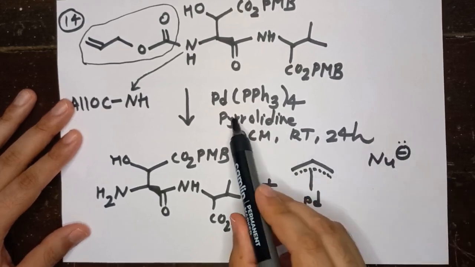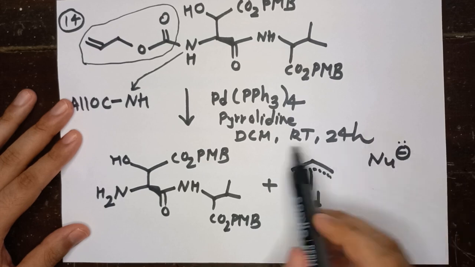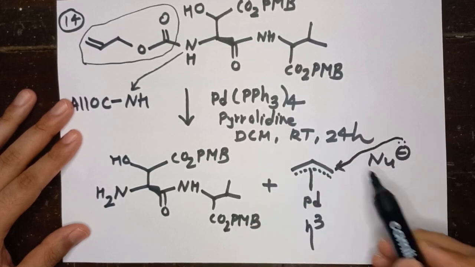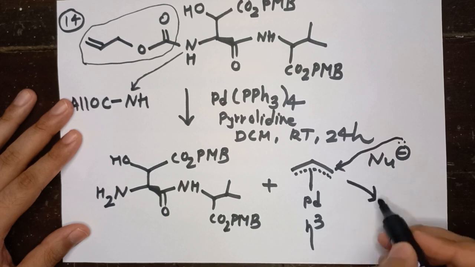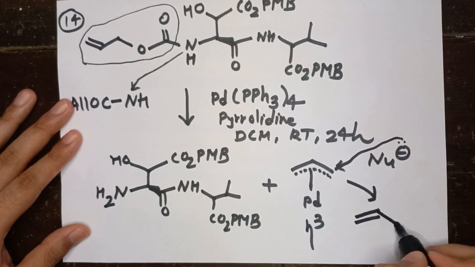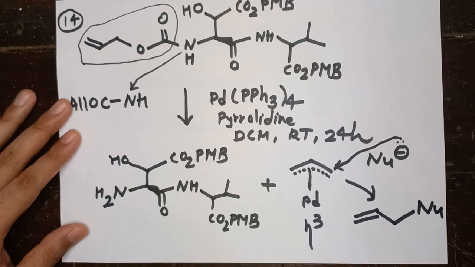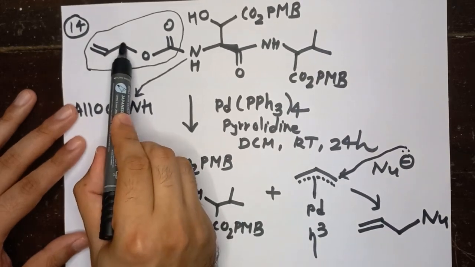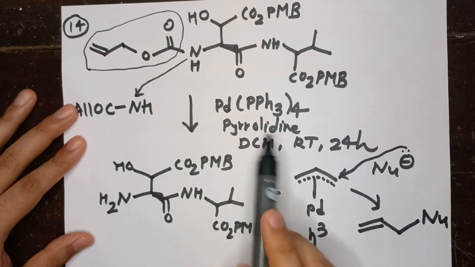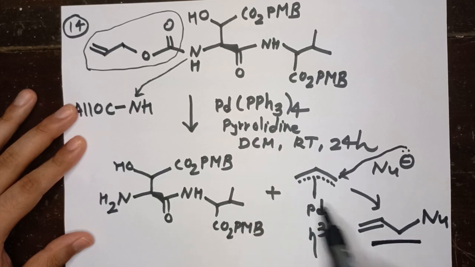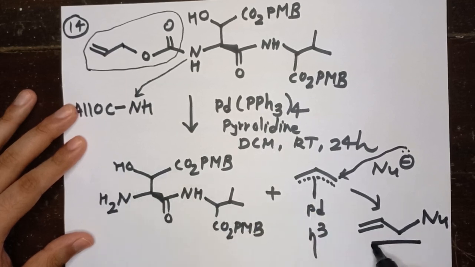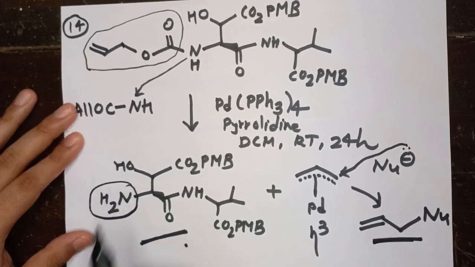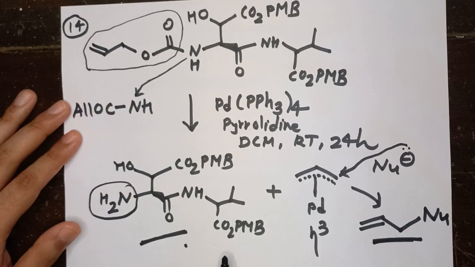The nitrogen of this pyrrolidine can attack here, basically this allyl group is going to be attacked by nitrogen of pyrrolidine and you will generate this and palladium will be removed. So this is a side product. The main product is this, the deprotection of alloc protected amine.